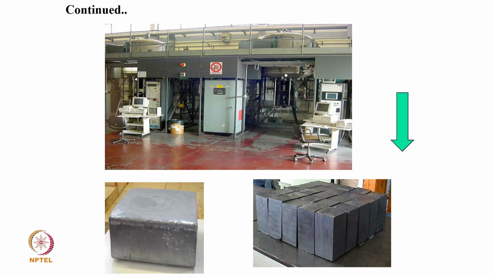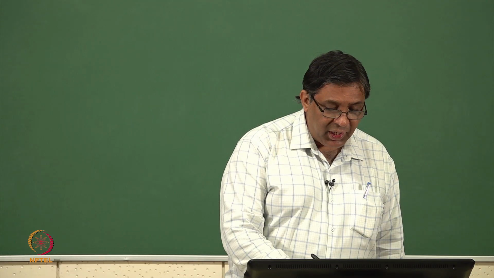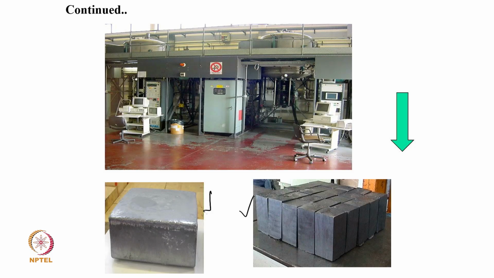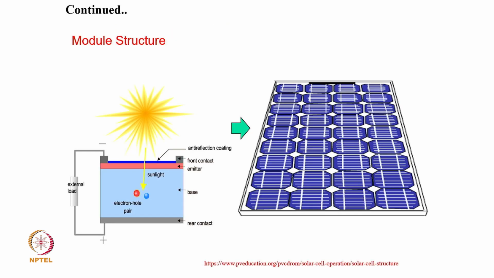As I mentioned, there's a typical chamber where they are produced, a huge chamber, and the kind of ingot they make, or the bricks, and then the cutting process and then wafering. It is a big technology involved in this entire manufacturing process.